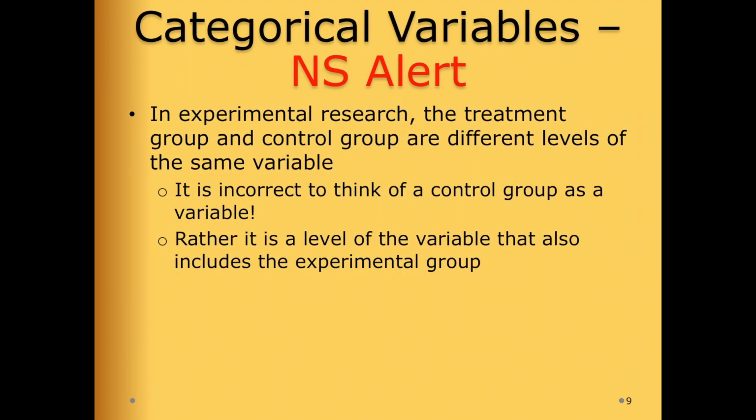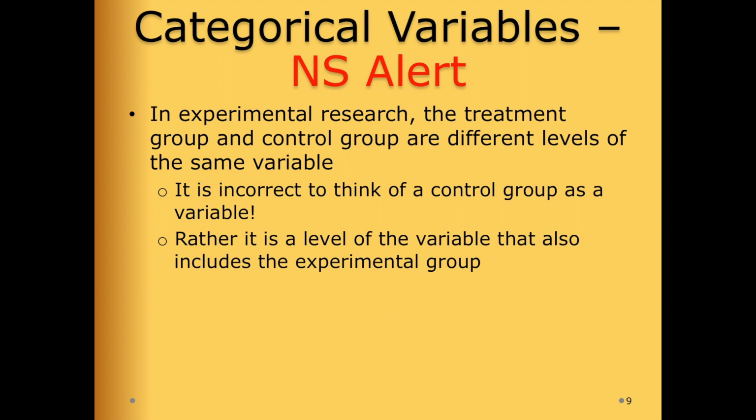From time to time in these presentations, we will receive notices from the National Statistics Alert System, or an NS Alert. These alerts will draw your attention to key ideas that we will see over and over again in empirical research and statistics. In experimental research, we will create a control group to compare the experience of the experimental group with.